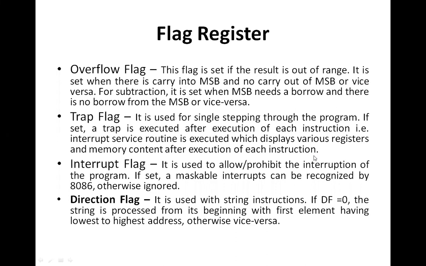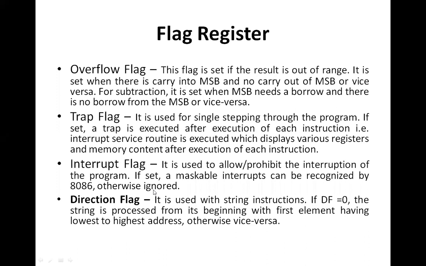But in 8086, there is a facility provided through the interrupt flag, which is going to allow or prohibit the interruption of the program. If it is set, the maskable interrupts can be recognized by 8086. Otherwise, maskable interrupts will be ignored. Now, the difference between the interrupt operation in 8085 and 8086 is that in 8085, we have 5 interrupt lines: TRAP, RST 7.5, 6.5, 5.5, and INTR.